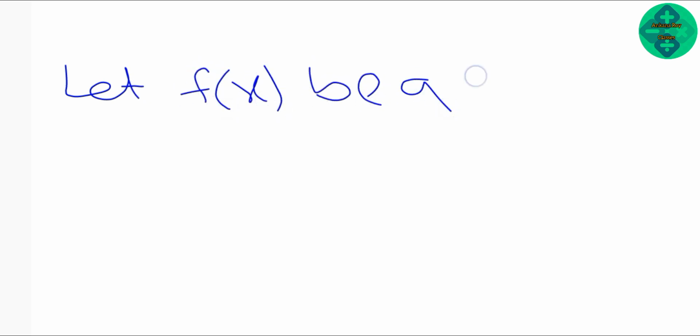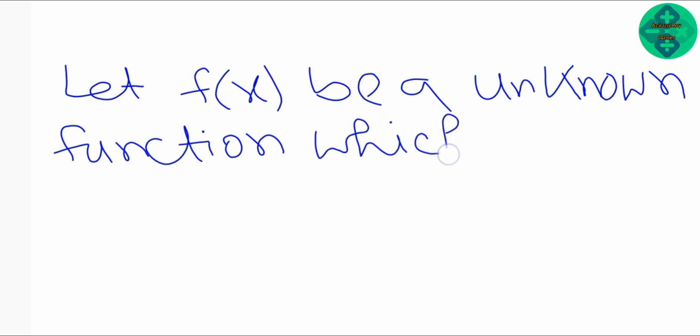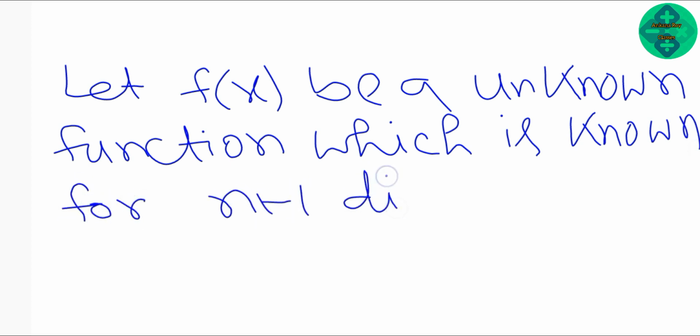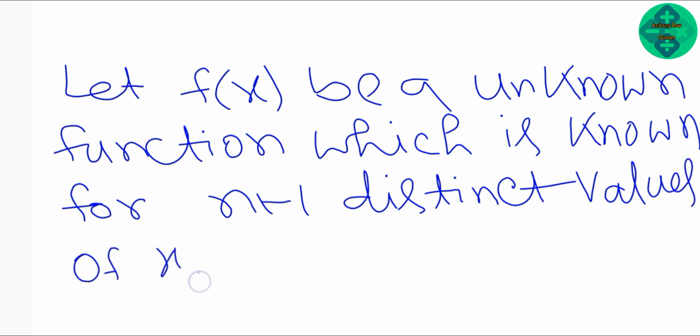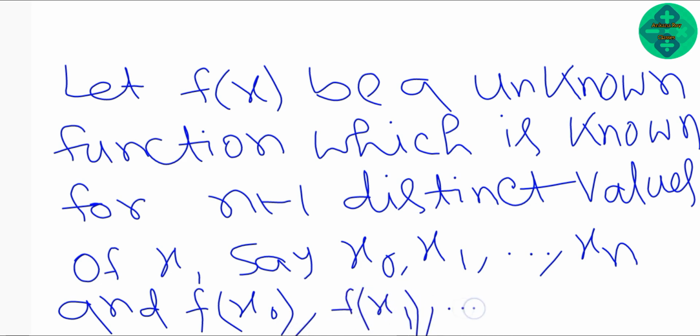Now let f(x) be an unknown function which is known for n plus 1 distinct values of x, that is, say the n plus 1 points are x0, x1 up to xn, and f(x0), f(x1), f(xn) are functional values.